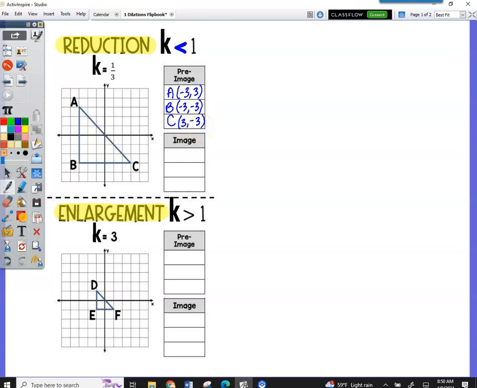So did you get (-3, 3), (-3, -3), and (3, -3)?